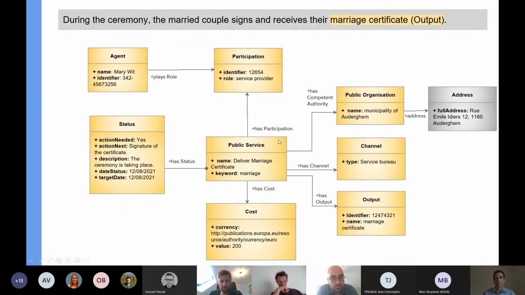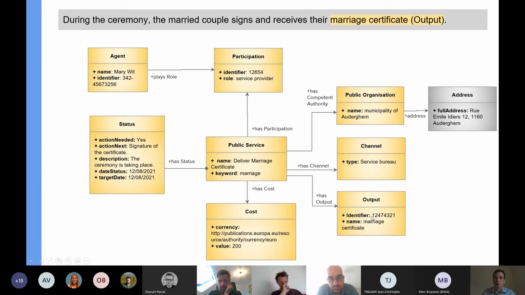Good. Then the final part is really about the output. So during the ceremony, the newly married couple signs the register, or I don't know what's the right term, and actually receives as output the marriage certificate, which here is defined directly as an output of the public service.